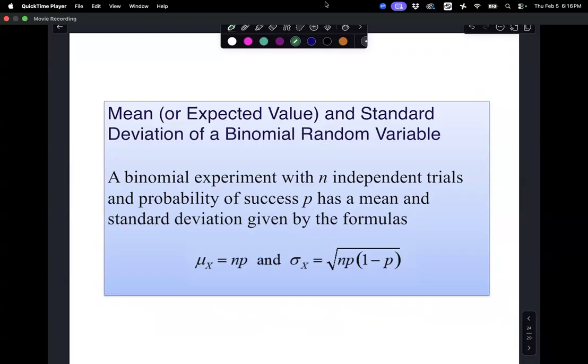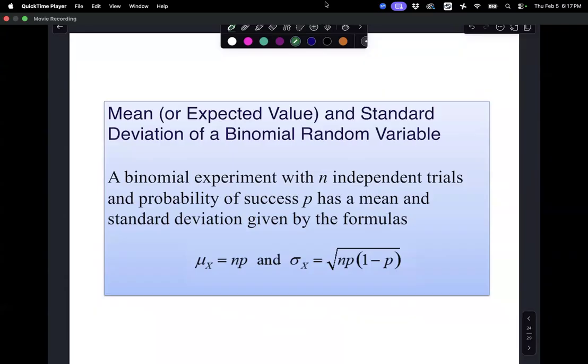So basically, if I did 100 trials and the probability of getting a success was 40%, I would expect 40 out of those 100 to be successes. That's what we're calculating with the mean. It's really that simple. The standard deviation is a little more difficult.